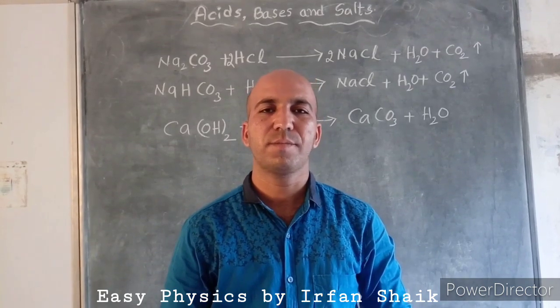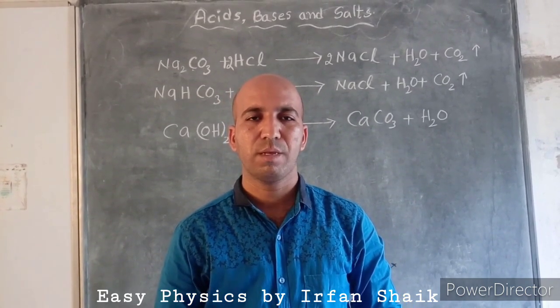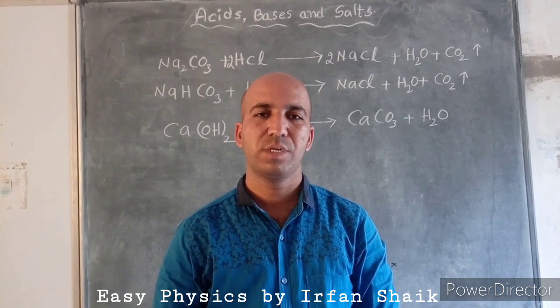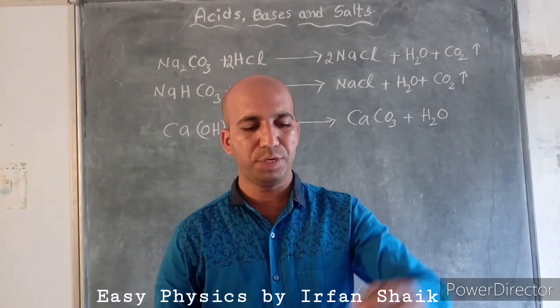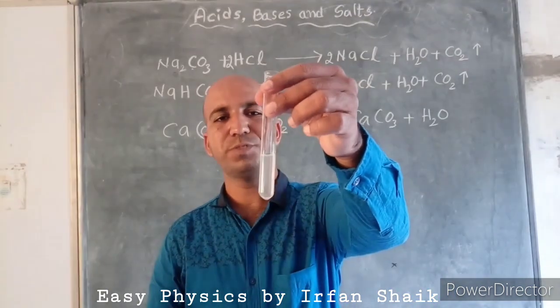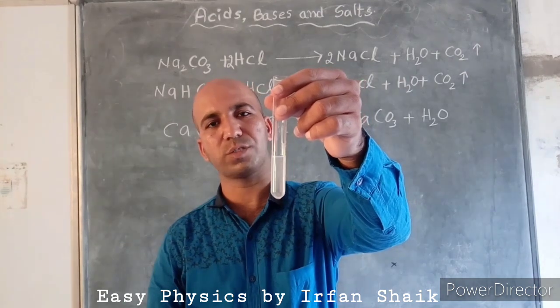In this class, we discuss neutralization reaction. First, we take some basic solution in a test tube. So here, if you observe in this test tube, I have taken some sodium hydroxide.